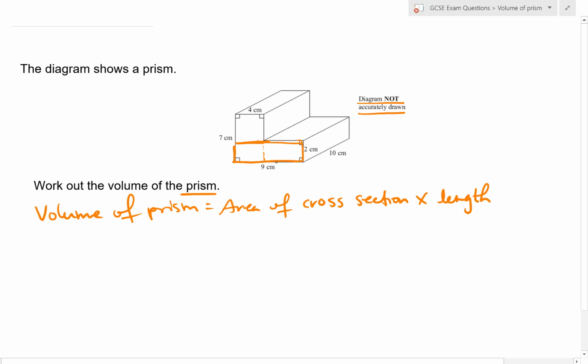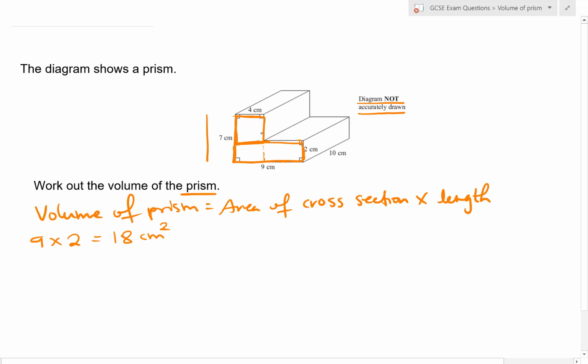The length of the rectangle is 9 times the width of 2 centimeters, so I get 18 centimeters squared. Let's work out the area of this shape here. The width is 4 centimeters. Now the length, we have 7 here, all the way 7.